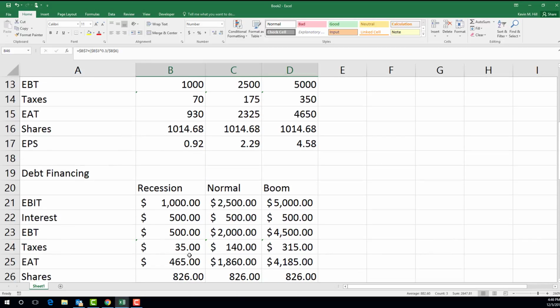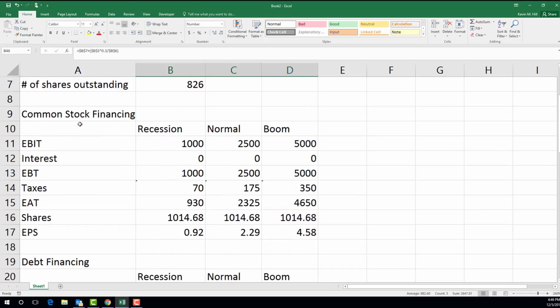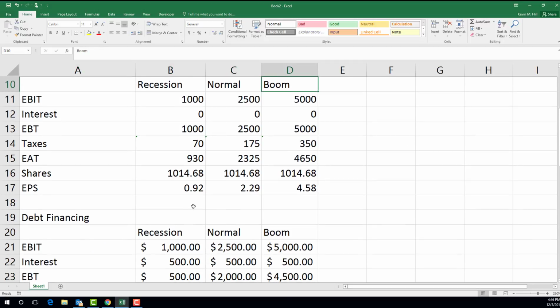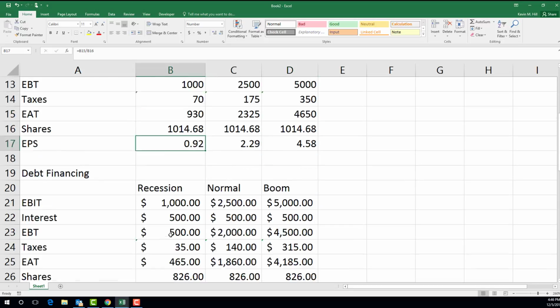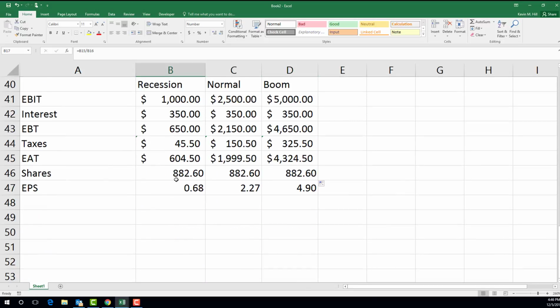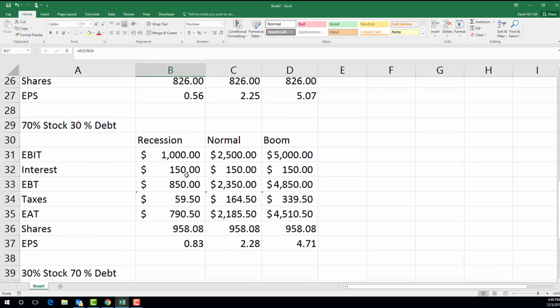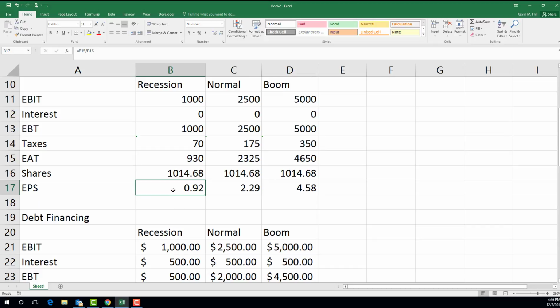And so now we have a decision to make. How should we finance: common stock, debt, 30-70 split, 70-30 split, based on recession, normal, and boom? So what we're looking for is the highest earnings per share for each option. If we're looking at recession, we start here: 0.68, 0.83, 0.56, and 0.92. 0.92 is the highest.